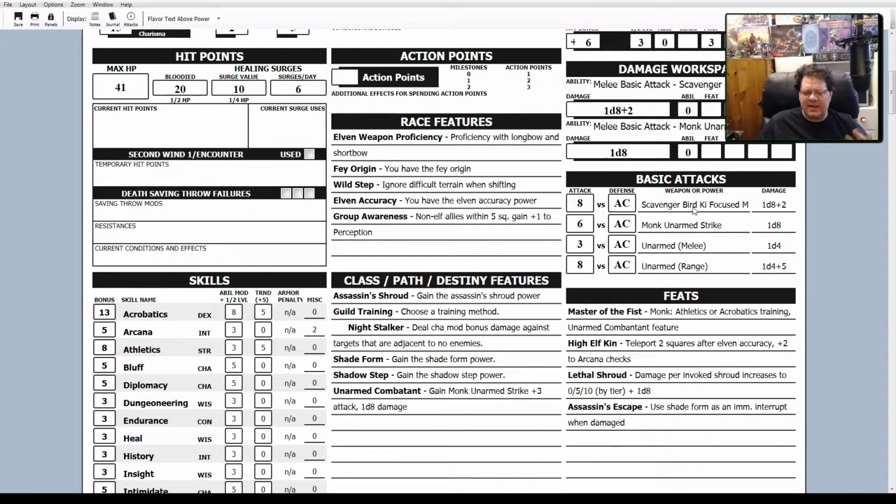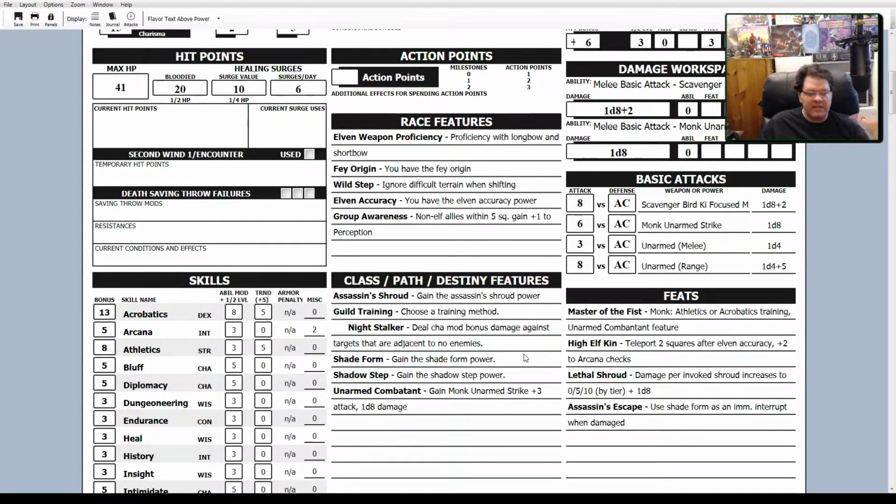So this is designed to be a hybrid focus anyways. These are the class features to it. Assassin Shroud, which I'll just show you when I look at the cards. The guild training is just another way you can kind of customize the character.